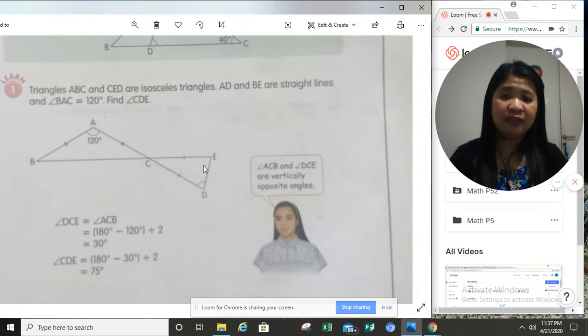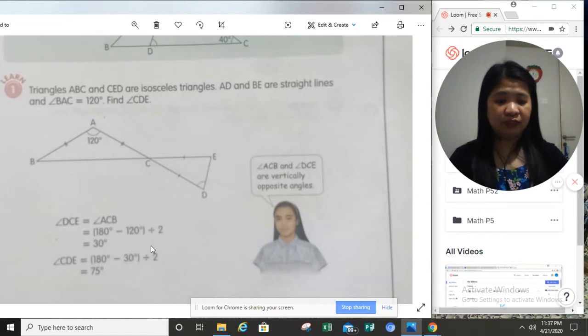So 75 and 75 is 150, let us check, plus 30, that will give you 180 degrees. So the answer for this question is 75 degrees. Okay, next.